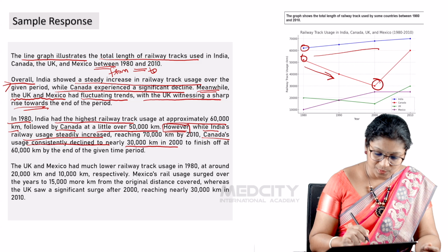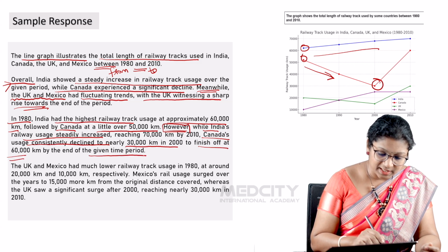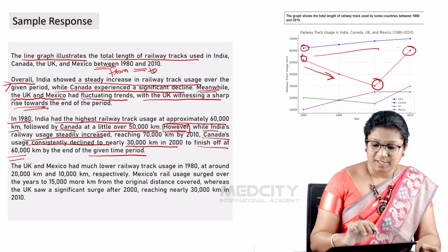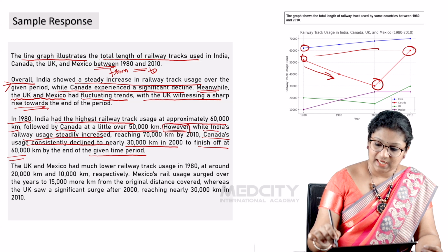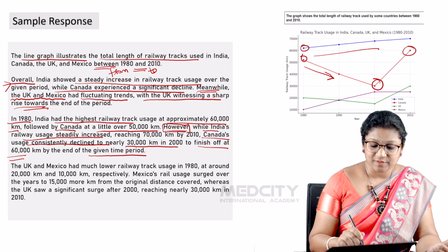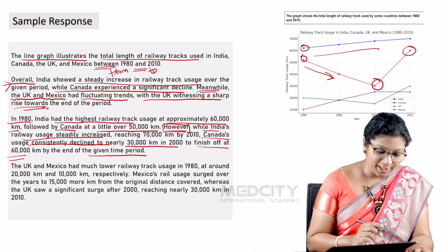We've mentioned this value, to finish off at 60,000 kilometers by the end of the given time period. So I've mentioned the three references here. For India, just the first and the last. For Canada, 1, 2, 3. So with these reference points, we've finished describing India and Canada in the first body paragraph.